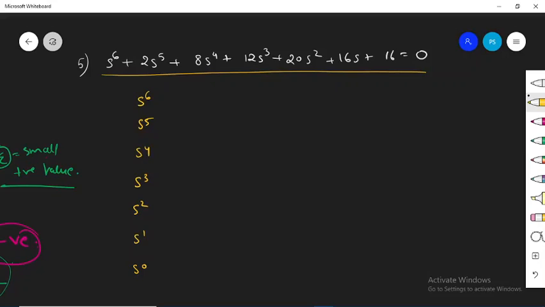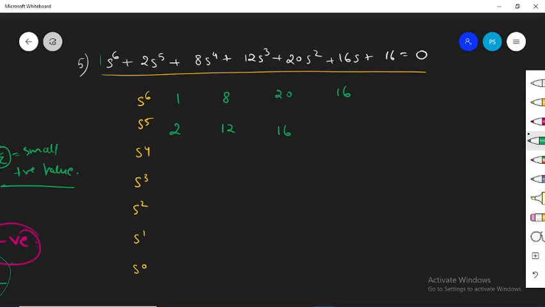Now just write down all the coefficients. So this coefficient is 1, then 2, then next 8, then 12, then 20, then 16, and then 16.